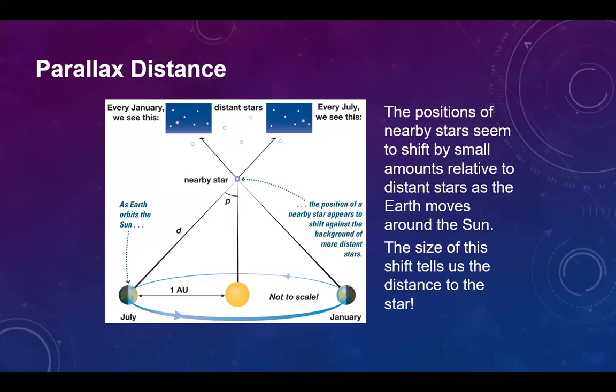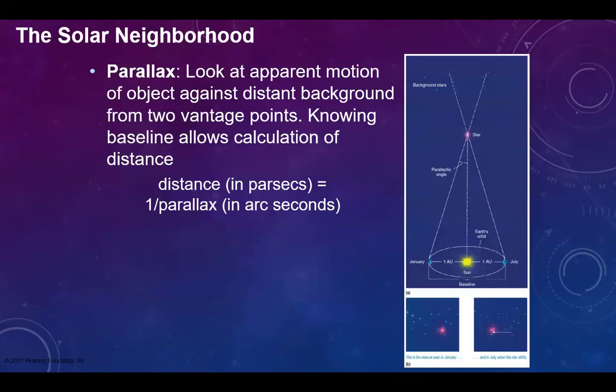Like if you do parallax with one eye and then switch to the other, with your finger closer to your eyes, you'll get a bigger effect than with your finger further from your eyes. And you can actually use the size of the parallax to measure how far away the object is. It turns out we have a unit to make the formula easy.